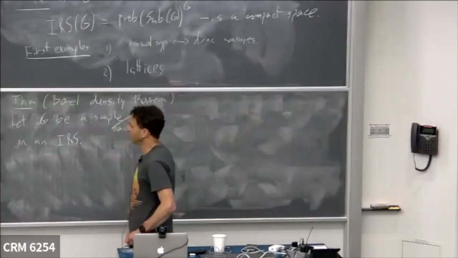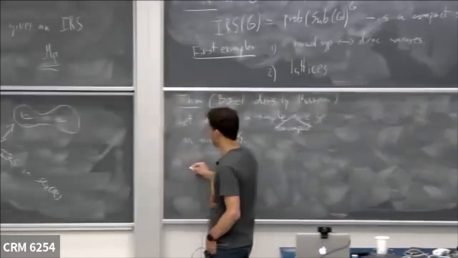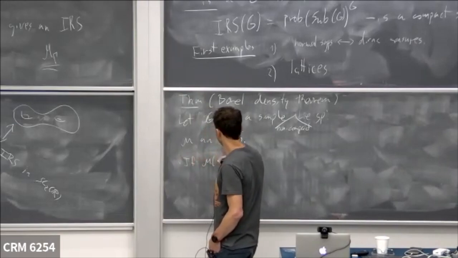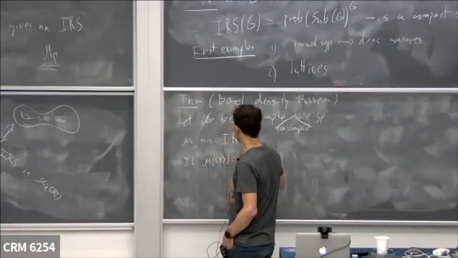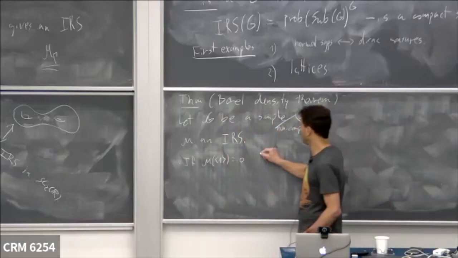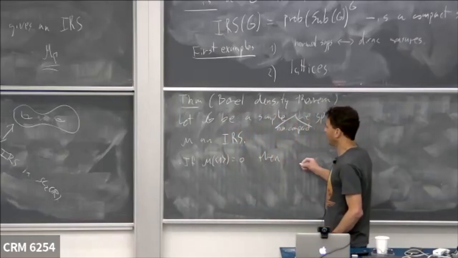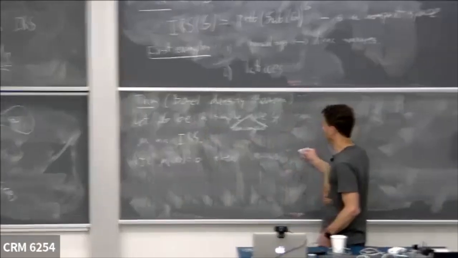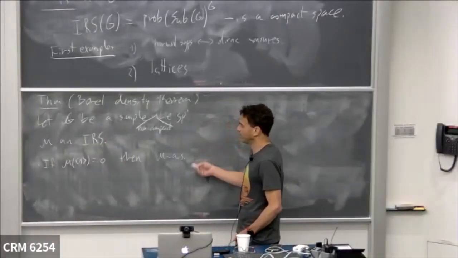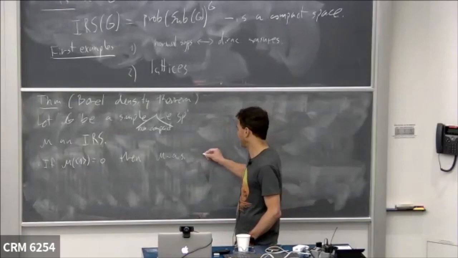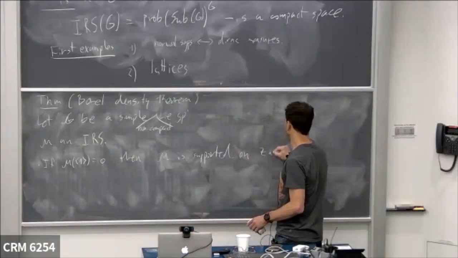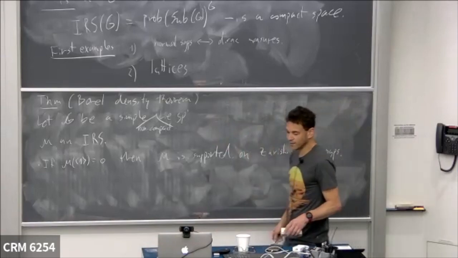So two things. First, if mu of the trivial group is 0, so there is no atom at the trivial group, then mu is almost surely Zariski dense. Then mu is supported on Zariski dense subgroups.